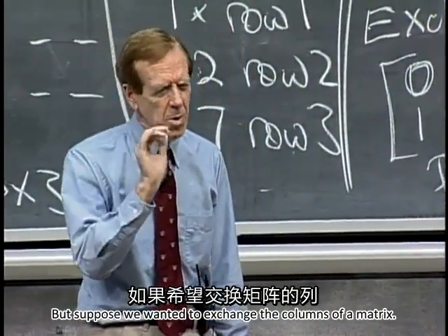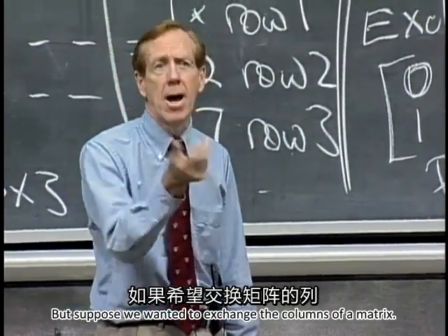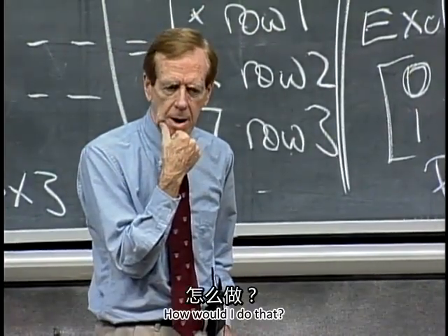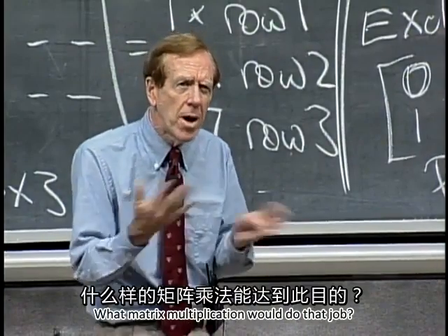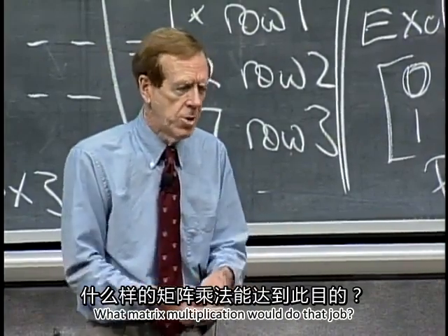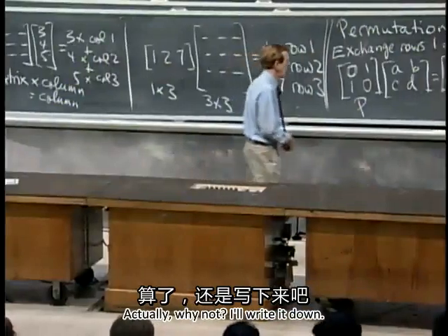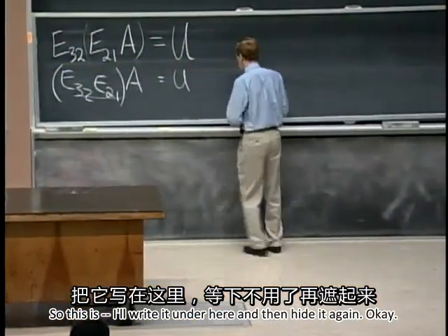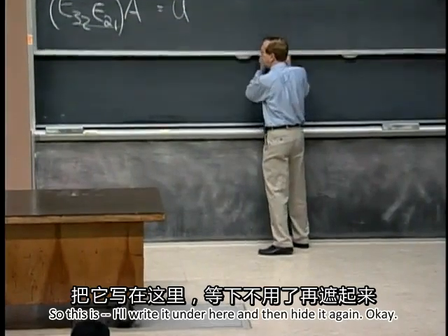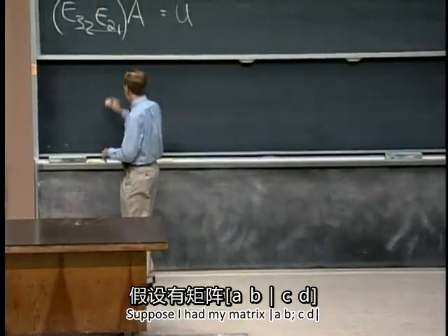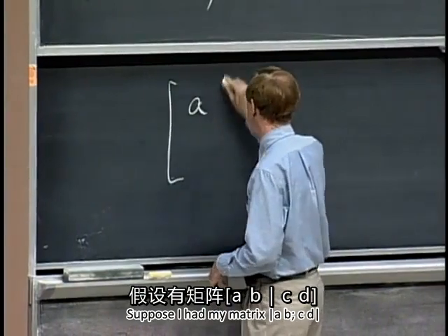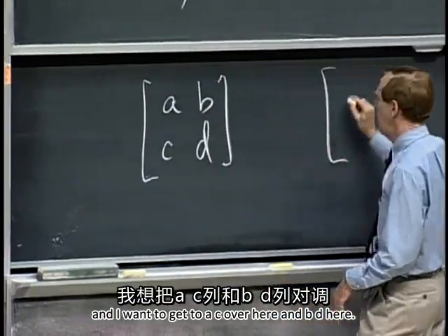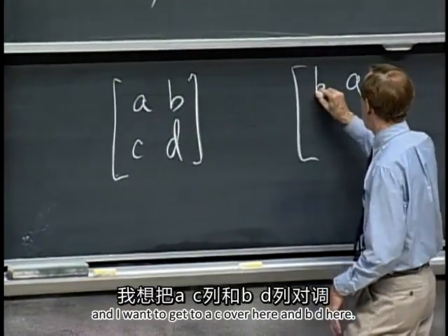But suppose we wanted to exchange the columns of a matrix. How would I do that? What matrix multiplication would do that job? Actually, why not? I'll write it down. So I'll write it under here and then hide it again. Okay, suppose I had my matrix A, B, C, D, and I want to get to AC over here and BD here.